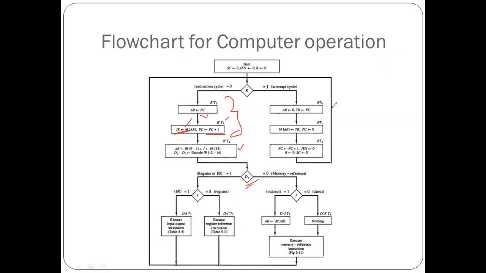The interrupt cycle is nothing but saving the return address and changing PC to a new address where you have your ISR, and then proceeding with the same instruction cycle again, because the ISR is also nothing but a set of instructions. So this is the combined computer operation which does both instruction cycle and interrupt cycle.